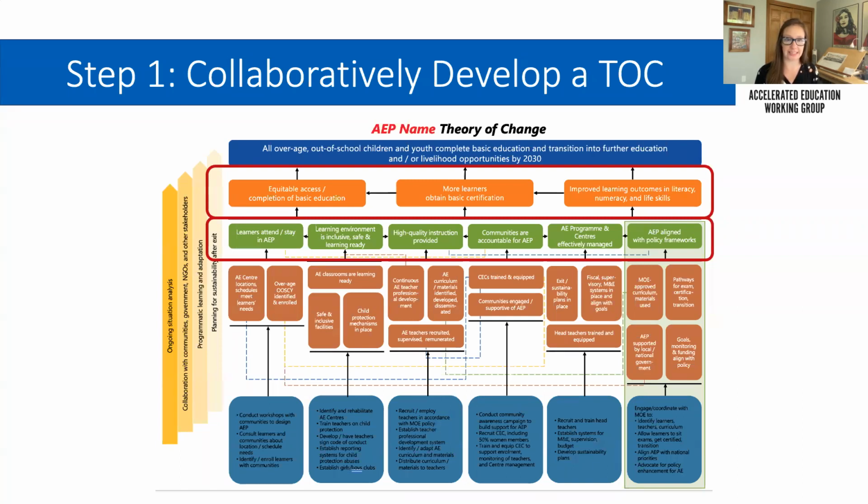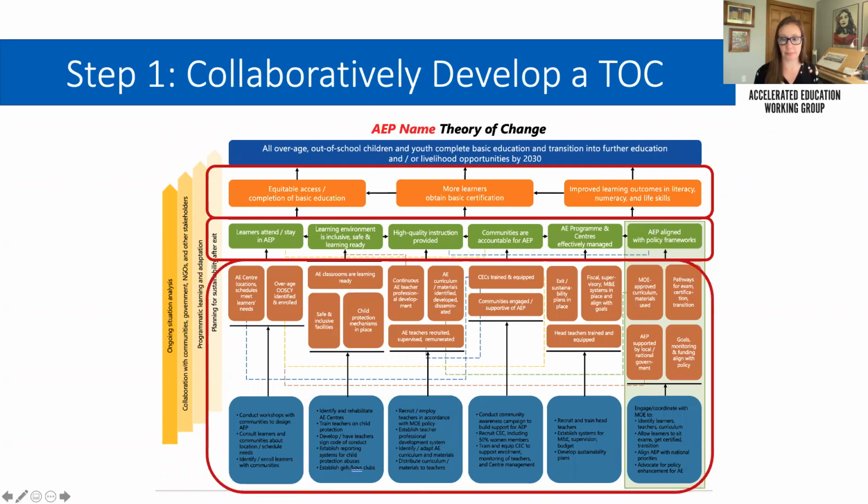And so the idea being, short term is a relative term, but if you achieve these outcomes, the idea is that you'll be able to increase equitable access and completion, increase certification, and increase learning outcomes.